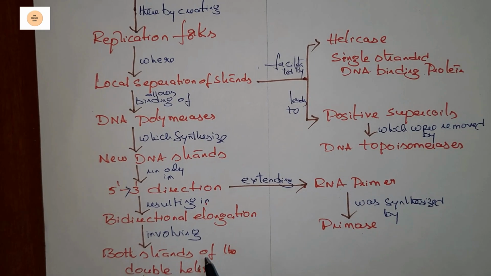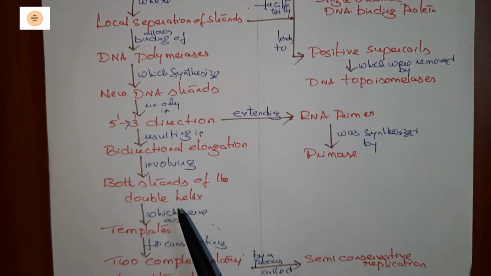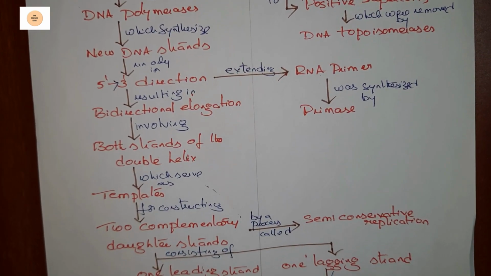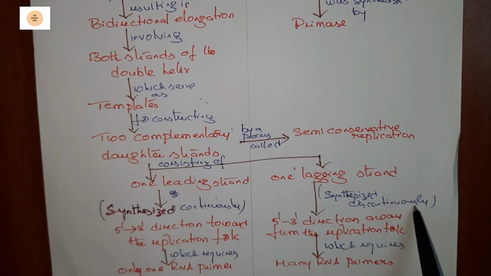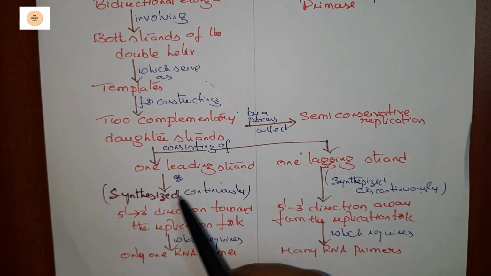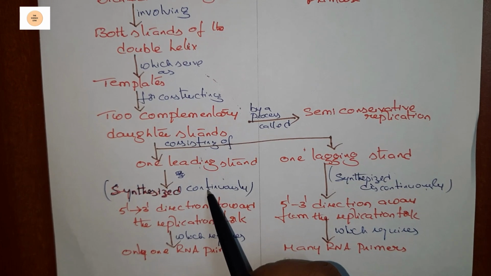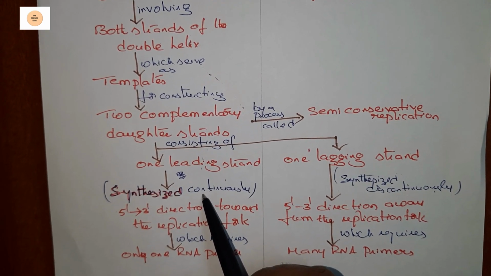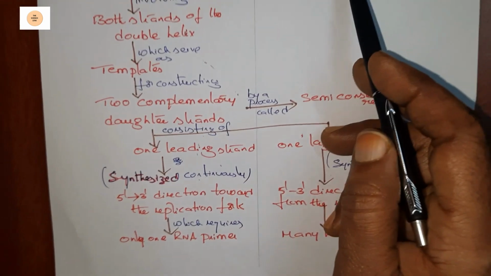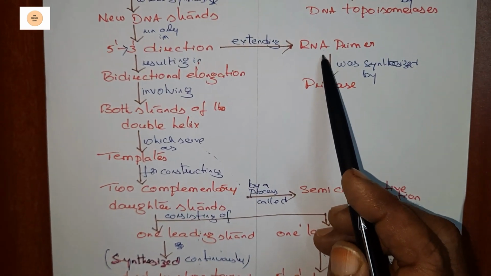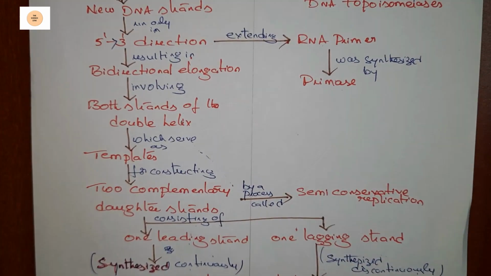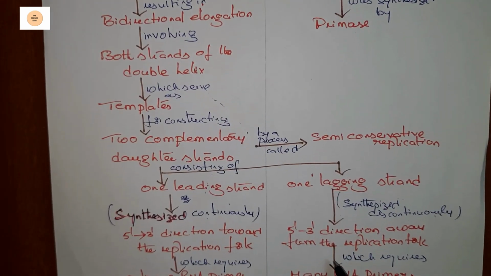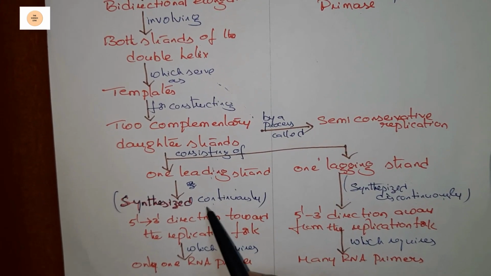The replication of the second strand, the 5' 3' strand of the DNA molecule, is discontinuous, and the 3' strand of the DNA molecule is a leading strand where it is synthesized continuously. The RNA primer synthesis begins close to the replication fork and progresses towards the origin. The direction of the lagging strand is opposite to the leading strand.